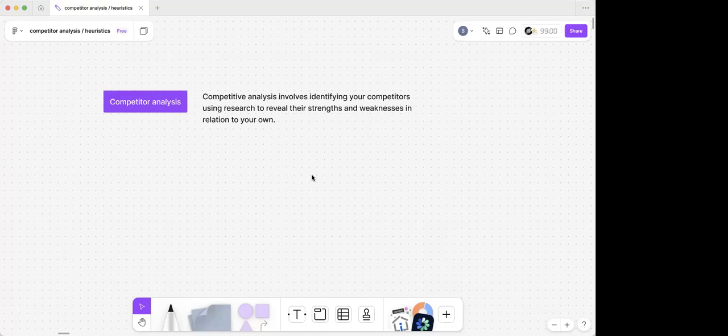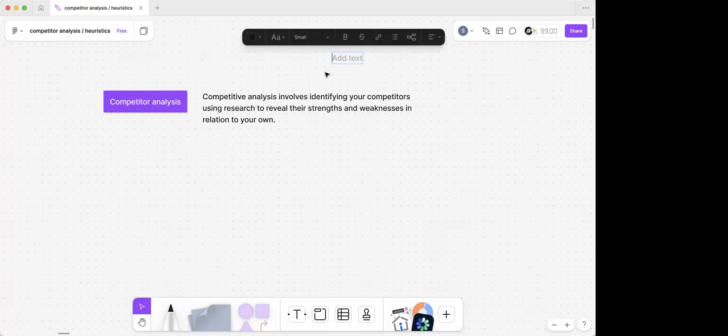So when you have certain information, or when you go through your competitions, about the product, or services, or maybe websites, UI related stuff or UX related stuff, you'll have a basic knowledge about each and everything about your competition, and that way you'll be able to reveal their strengths and weaknesses.